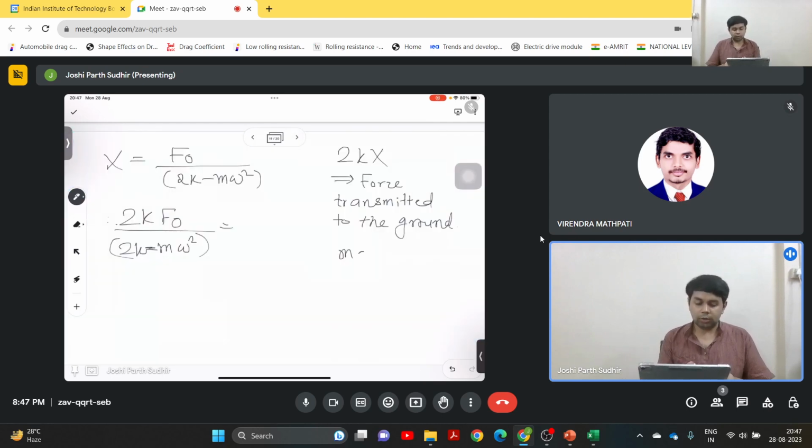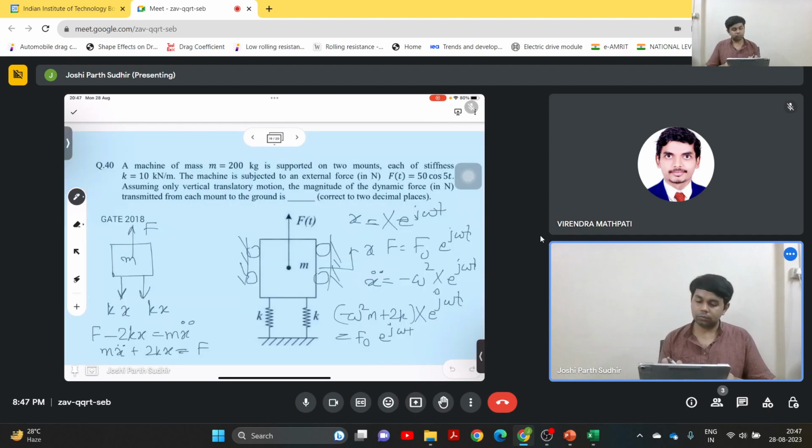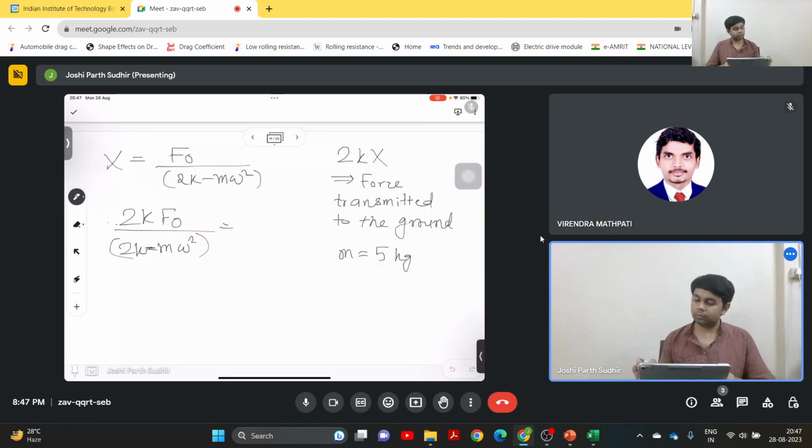So here the mass is 5 kg. No, sorry, it's not 5 kg, it's 200 kg, and the stiffness is 10 kilonewtons per meter. And F naught is 50.